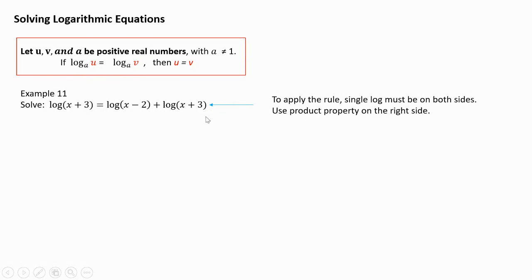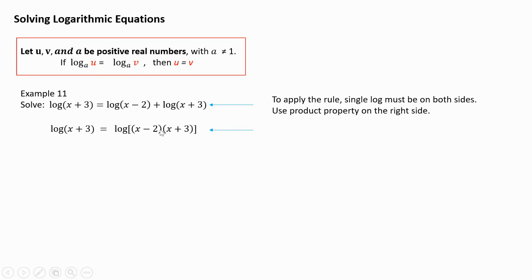In this case, we're going to use the product property on the right. The product property means that when you have addition between two logs with the same base, you condense it to a single log. So this is called expanded form, and this is a single log, or condensed form.